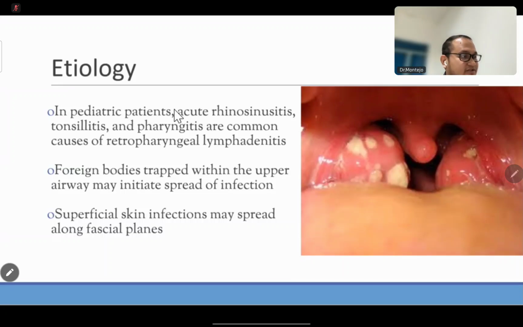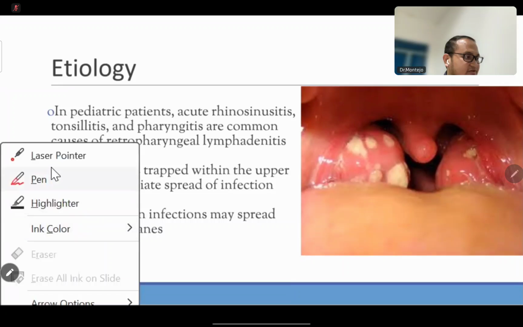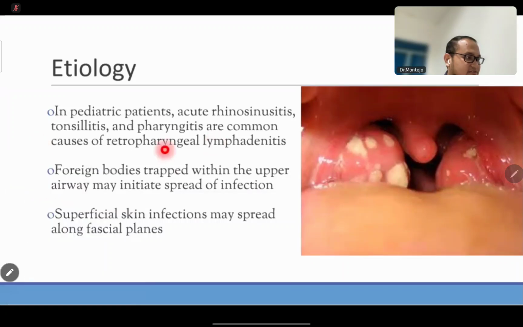If you could recall, their nodes are big and reactive compared to adults, wherein the lymph nodes are already smaller. And sometimes you can have foreign bodies trapped within the upper airway, which can also cause infection, and even superficial skin infections.